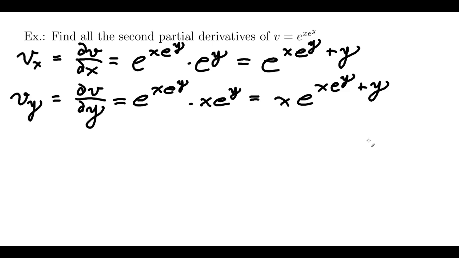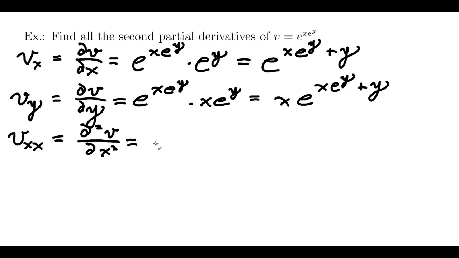The second partial derivatives are what we would get if we take the derivatives of those. So let's do the pure partials first, and then tackle the mixed partials afterward. V sub xx, that is the second partial of v with respect to x, is what we get if we take v sub x, which is this last expression here, and take its partial with respect to x.